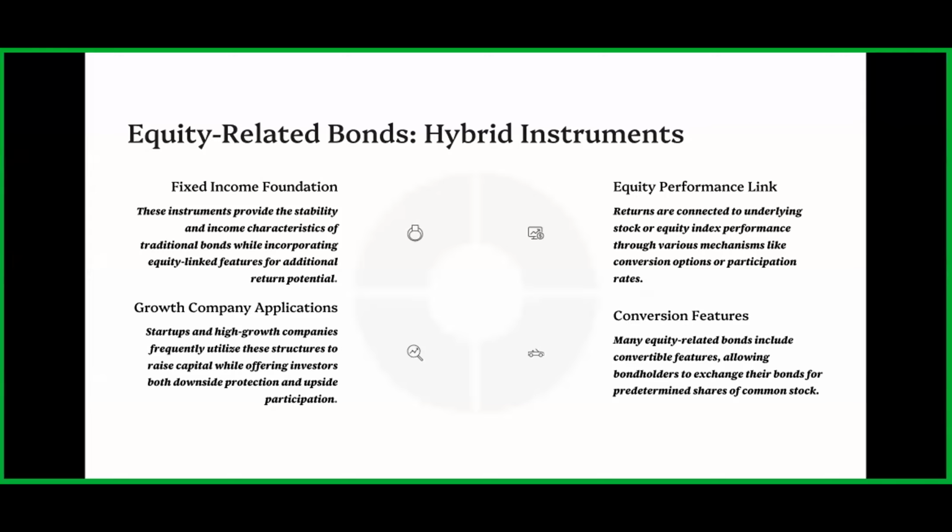This is what we call the equity related bond. That means your principal amount or face value is linked with the number of shares or the equity of that company. Such a bond we call equity related bonds, or, we can say, the hybrid instrument.